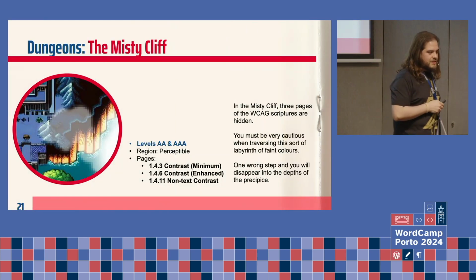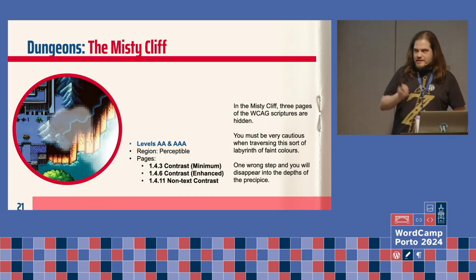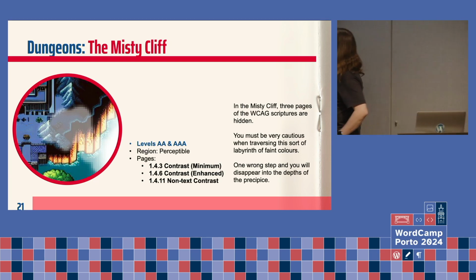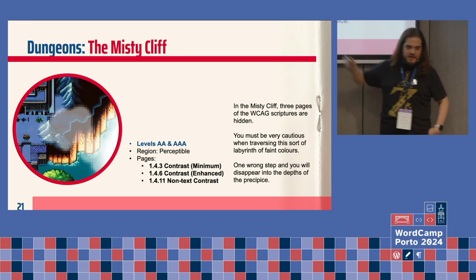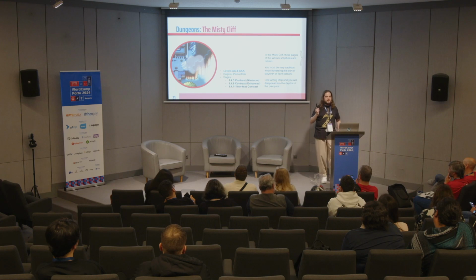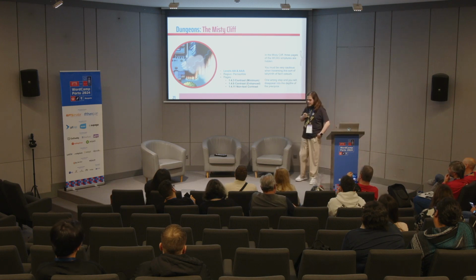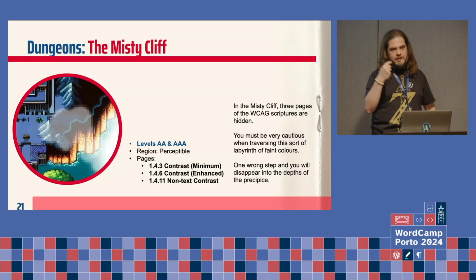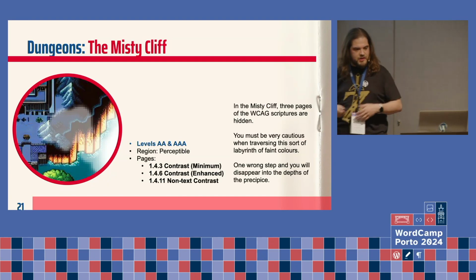Let's continue with the Mystic Cliff. In this dungeon, you can get 3 different pages, all related with the contrast of the signs inside this labyrinth. Those signs guide you through the right path to cross the labyrinth, and warn you about different traps and dangers.